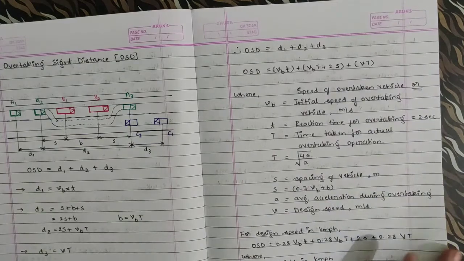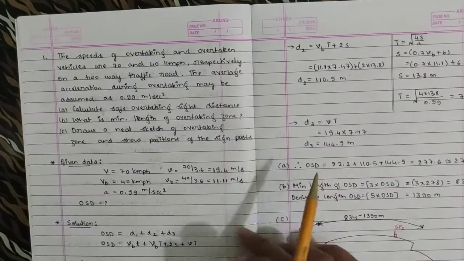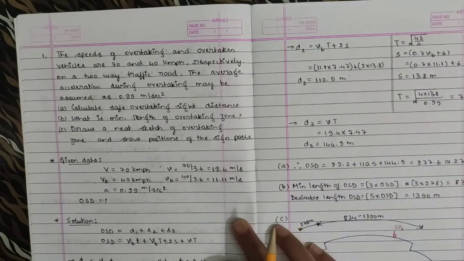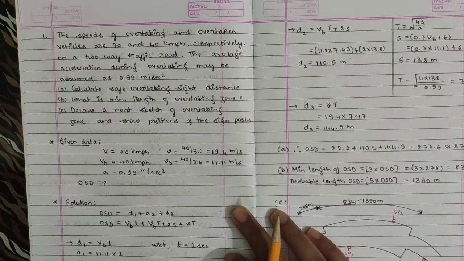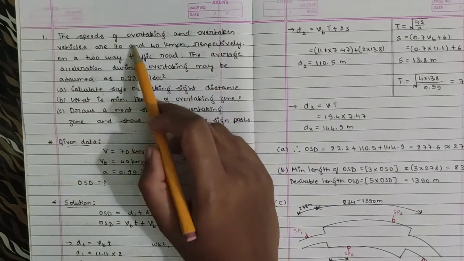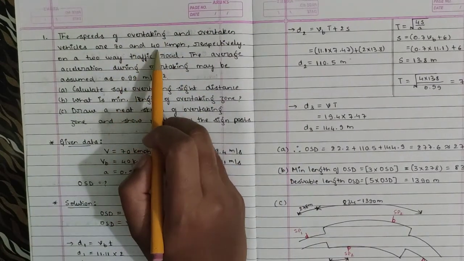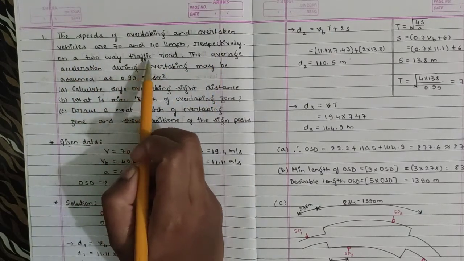Now getting into the important problem. This is the only problem which has been asked in the examination very frequently, and this is the only numerical which will be asked. Now I shall read out the numerical for you. The speeds of overtaking and overtaken vehicles are 70 and 40 kmph respectively on a two-way traffic road.